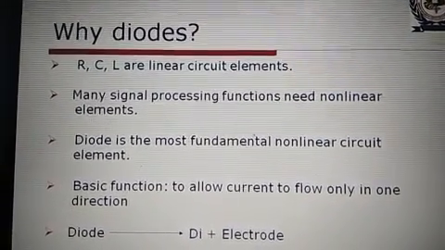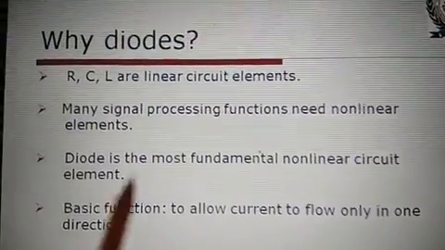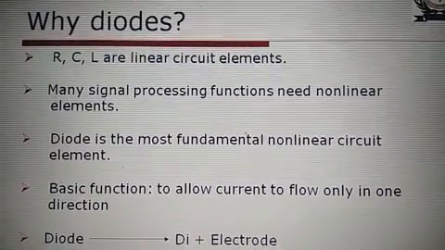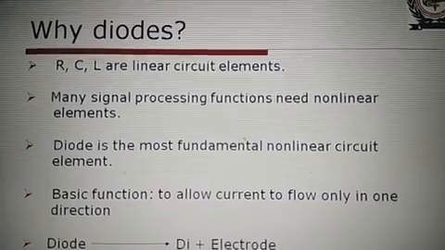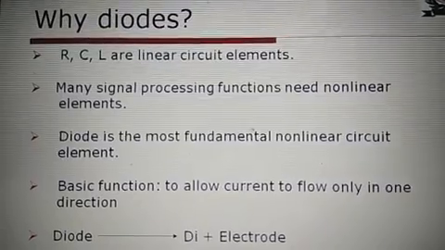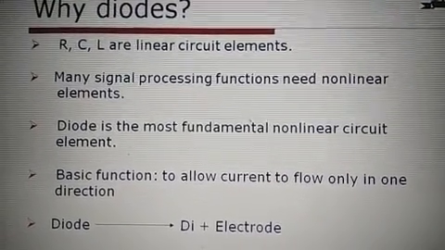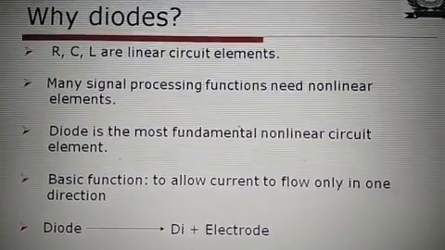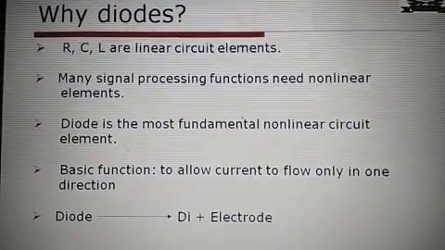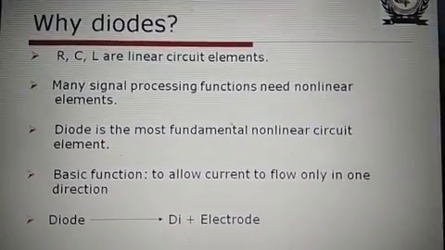Why diodes? Because resistor, capacitor and inductor are linear circuit elements. Many signal processing functions need non-linear elements, and the diode is the most fundamental non-linear circuit element. The basic function of the diode is to allow the current to flow only in one direction. Current flows through the diode in only one direction, and as I told earlier, di plus electrode is the diode.